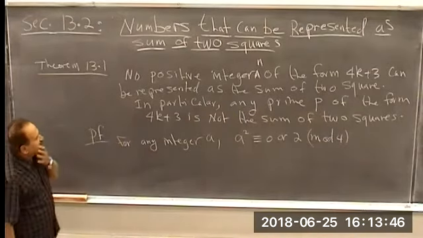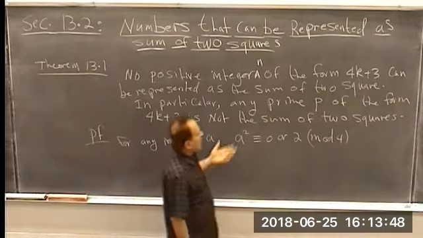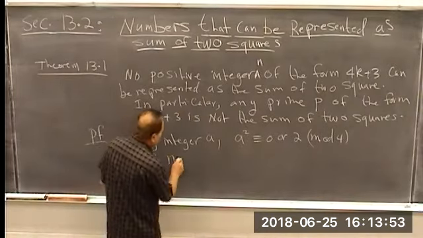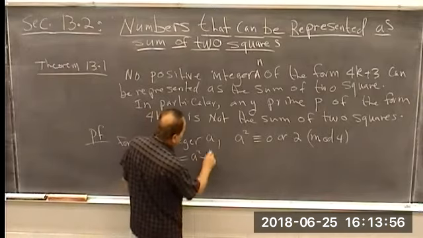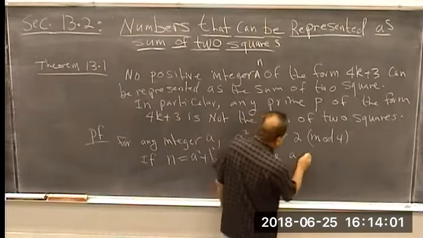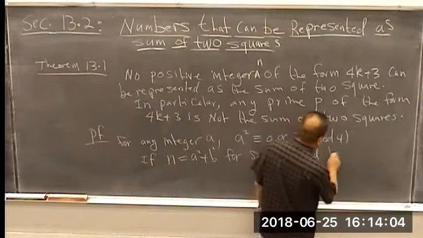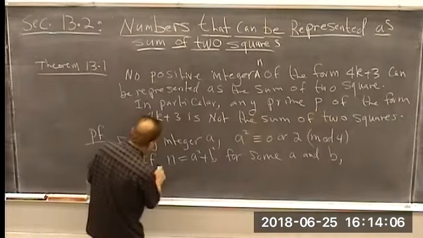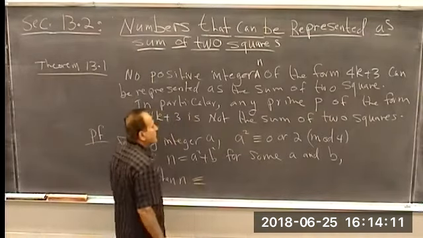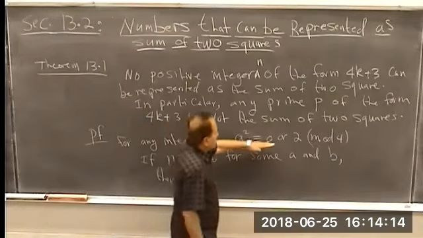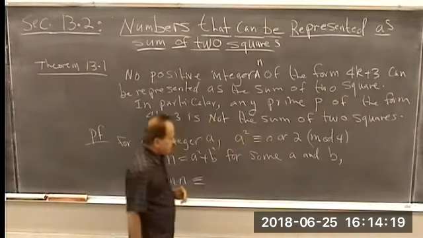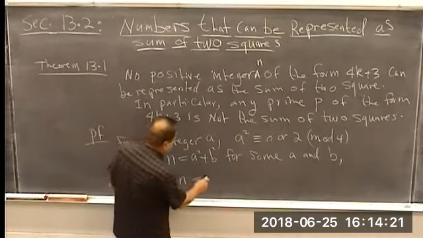So if n is a sum of two squares, if n is a squared plus b squared for some a and b, then n is going to be congruent to, because if a and b, both of them are congruent to 0 mod 4, then this would give us 0 mod 4.